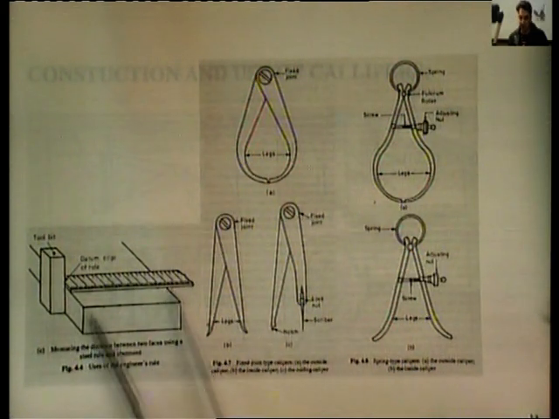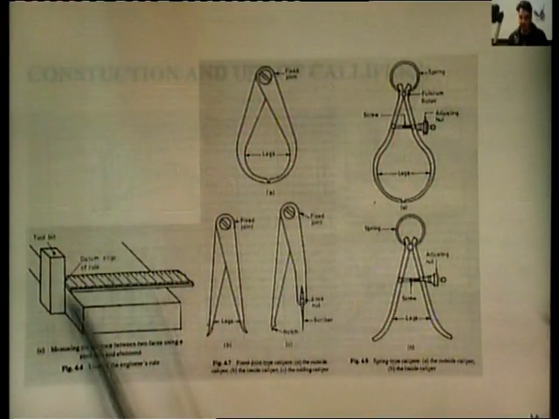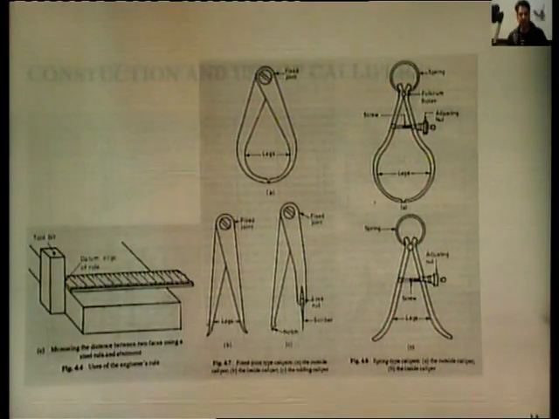So, this is a combination of end measurement and the line measurement, because it is having a contact over here on the left hand side, while it is not having any contact over here on the right hand side. And for taking measurements of different components, we use many instruments.